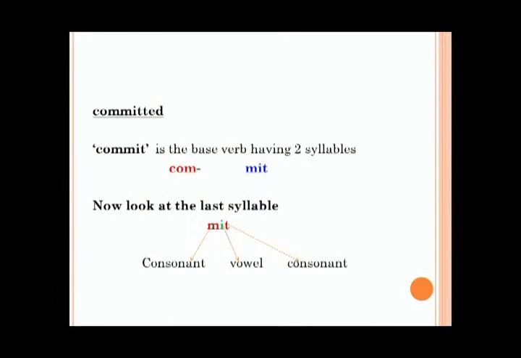Pat yourself. Now, boys and girls, what pattern is at the end of the word commit? Wonderful. A CVC pattern. What is the rule that we must use to form the past tense of the word commit?